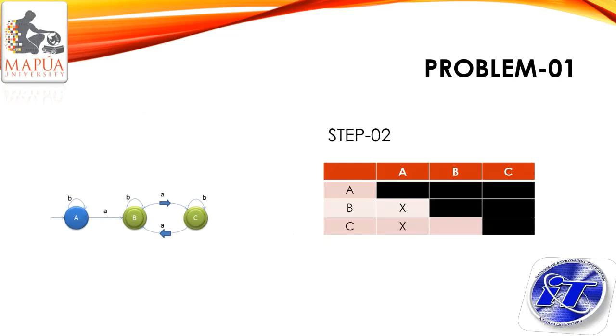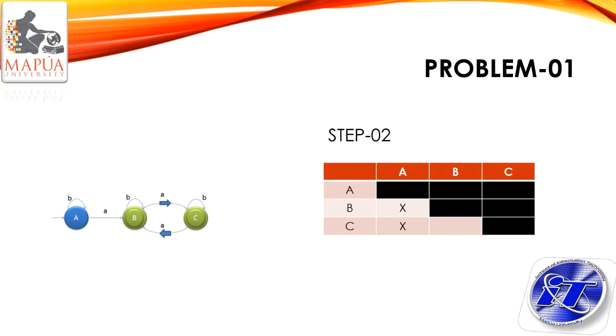Let's check B and A. One of them is non-final and the other is final. A is non-final, B is final, so we mark it. And for AC, non-final, final, so mark it. And for BC, since this is final, final, we're not going to mark it.